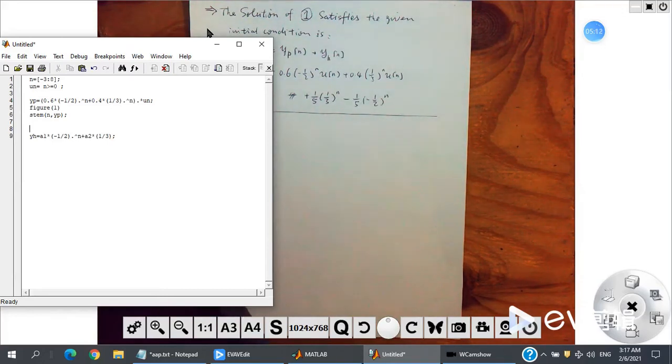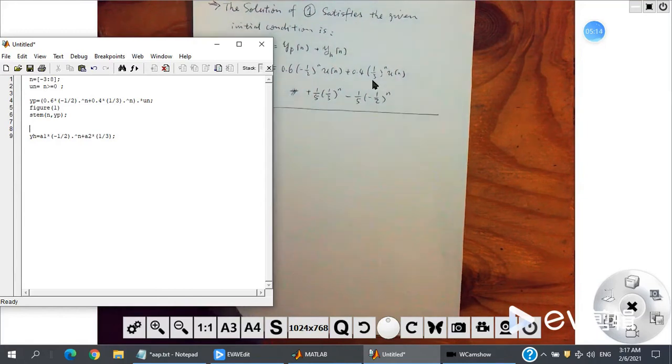Alright. Now how to determine a1 and a2? I can just copy this here, and actually we can use different initial values, right? So I can use y initial, y of negative 1. I just use this for the initial value, y of negative 1, right? I use any value.